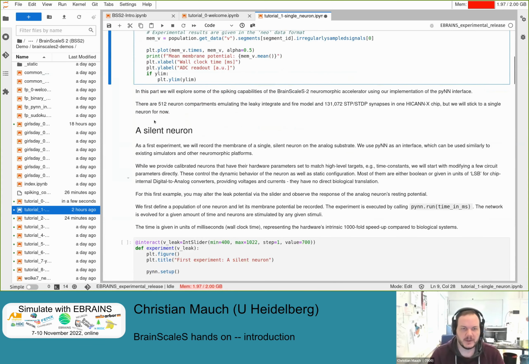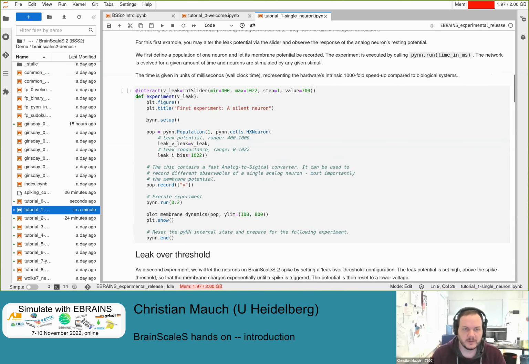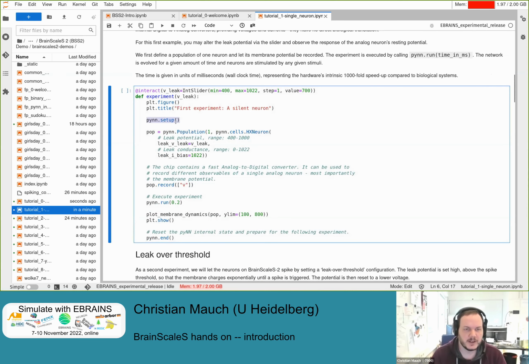First we will just look at one of these neuron circuits on our hardware, in this case just a silent neuron, which doesn't do much, but let's see how this can be set up in PyNN. First we need to initialize PyNN, and then we simply define a population. A population is just an ensemble of one or more neurons, which most of the time have the same parameters.